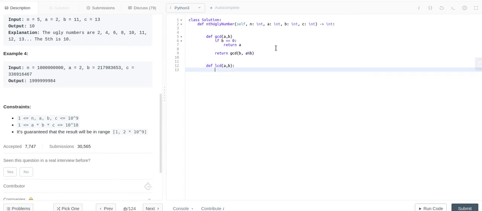For any two numbers, it returns a times b divided by the greatest common divisor of a and b.